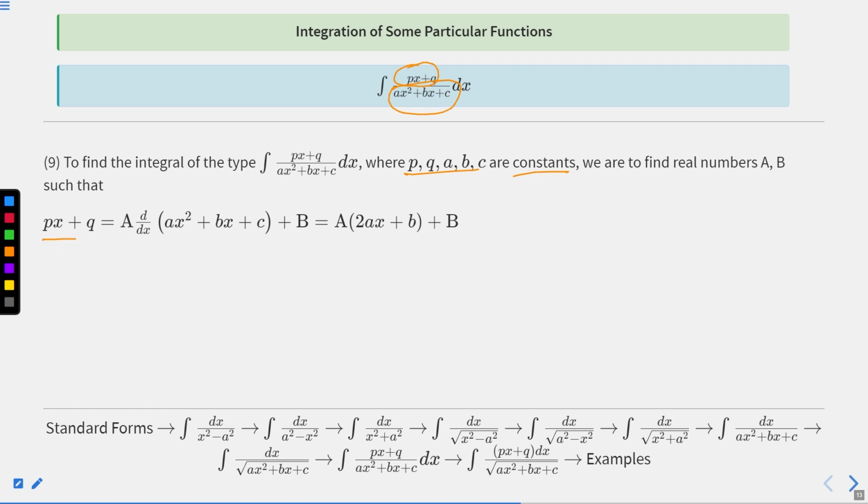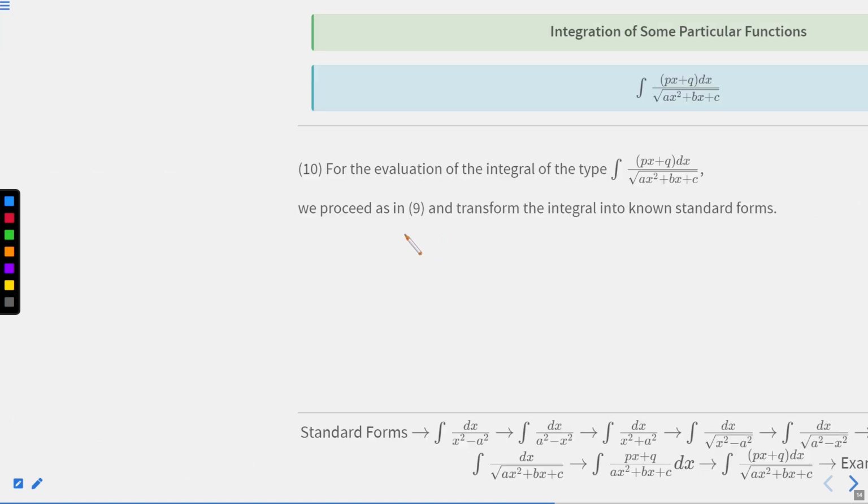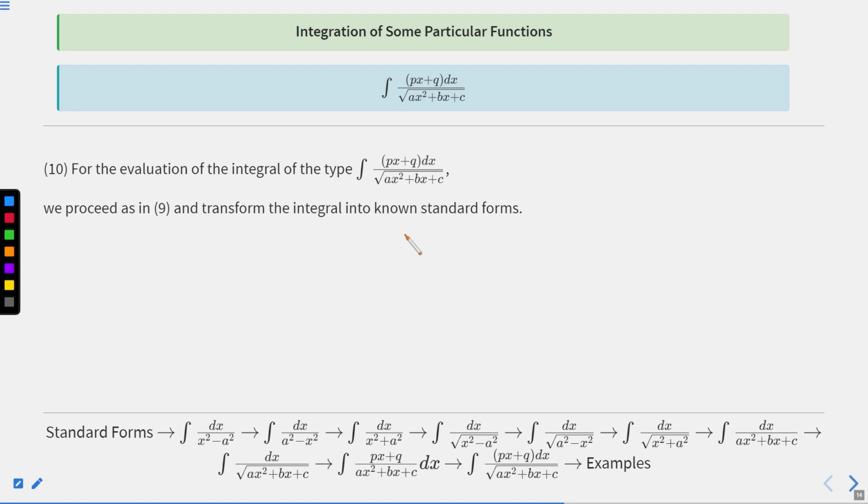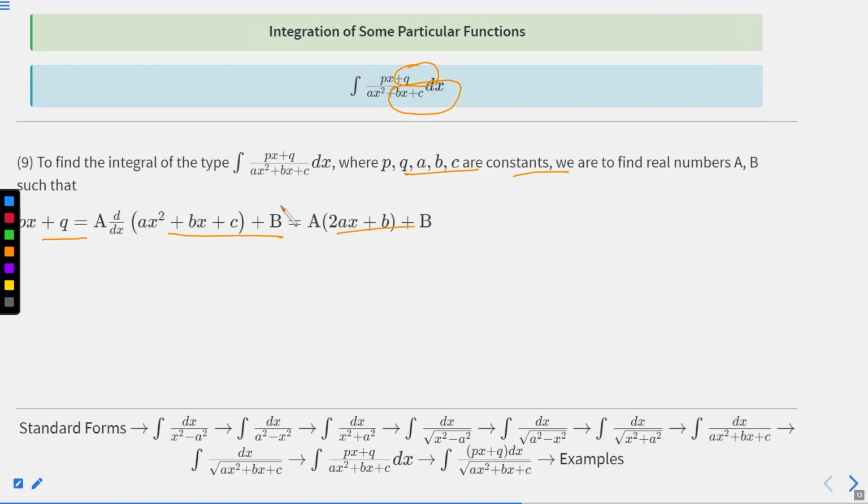This px plus q can be reduced to A times the derivative of ax square plus bx plus c plus B, which is A times 2ax plus b plus B. Clear? Let us move next. For this, we will do the same as we did before.